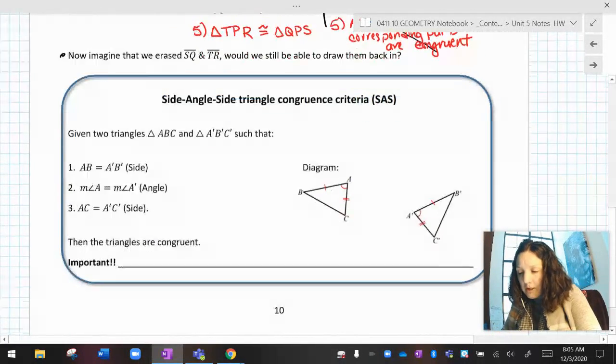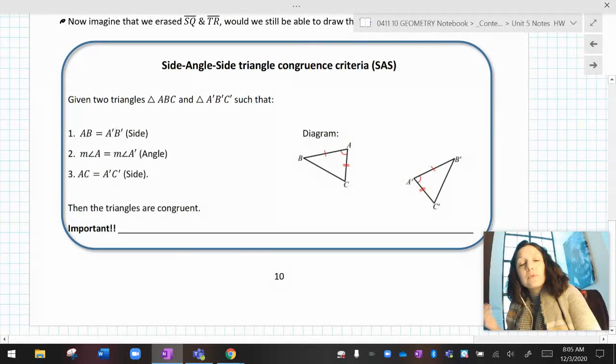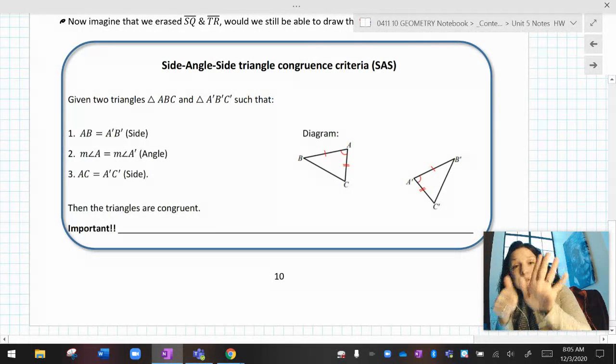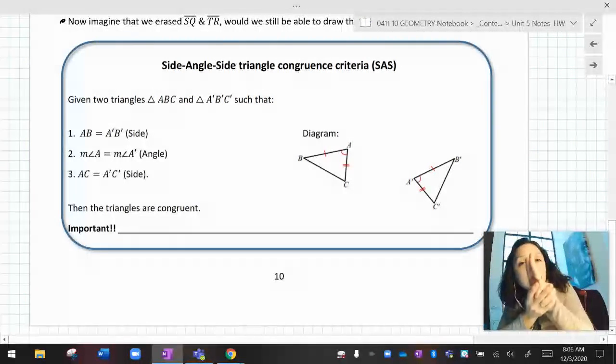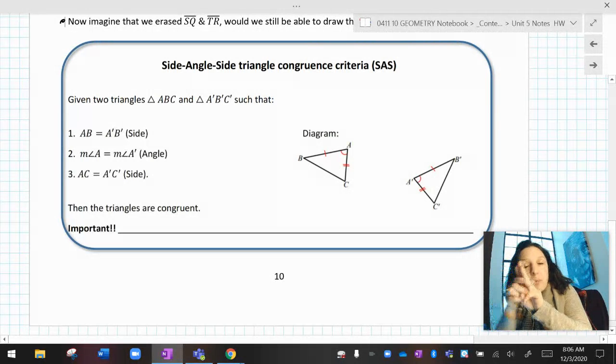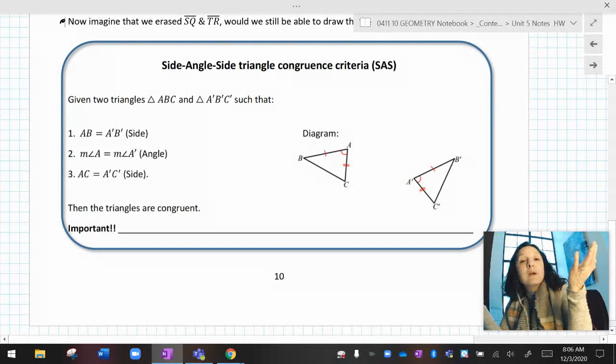So let me explain it though in the context here. There is something called side angle side congruence criteria. Up until this point, we've said you need to have 6 congruent corresponding parts. Starting now, I'm going to show you shortcuts where you only need 3 corresponding parts, because if 3 specific parts are congruent, then everything else is going to have to be.